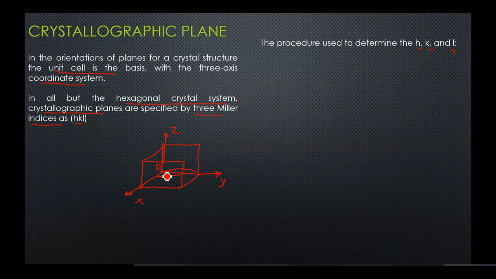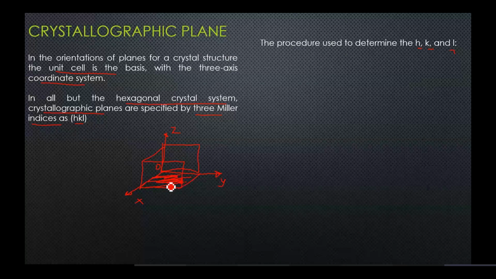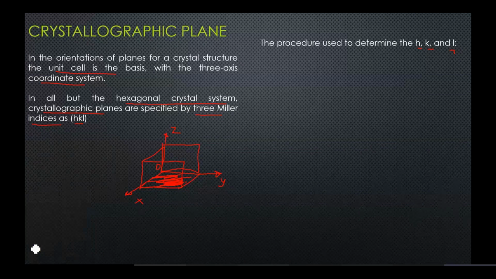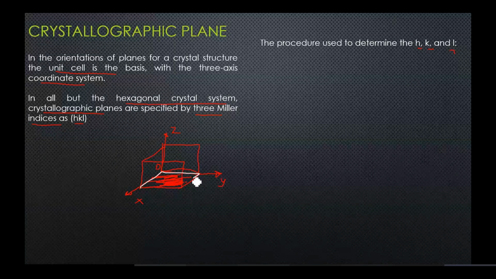This is my origin, and I select this plane. This is the plane I am interested in. Let me draw the boundaries of the plane in a different color so that it is visible to you. I am interested in the bottom plane.